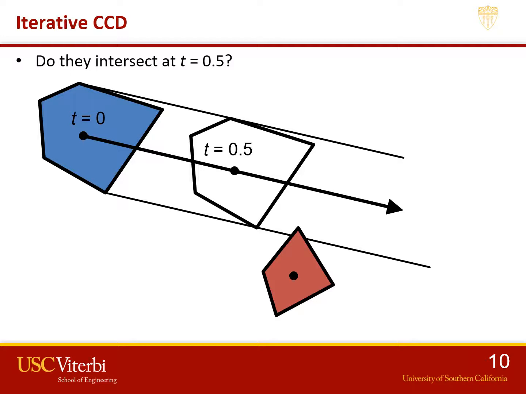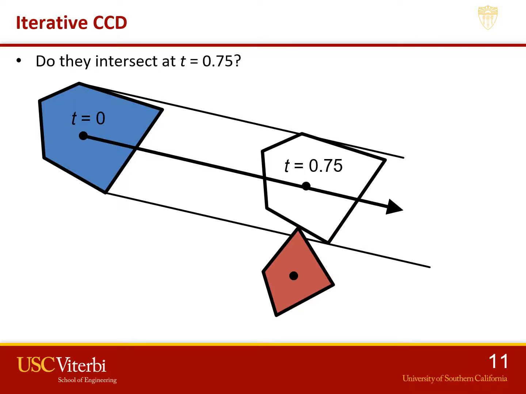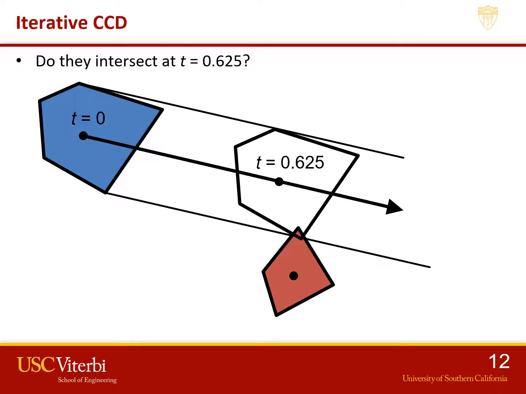And so at 0.5, we can see that the shapes do not intersect yet. So we'll go in between. So now we know it's somewhere between 0.5 and 1. So we'll go in between there. At time 0.75, they do intersect. So that narrows it down to somewhere between 0.5 and 0.75. So we'll split that in half again, and we'll see, oh, at 0.625, they intersected already.